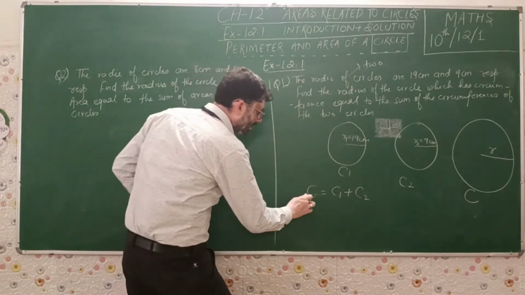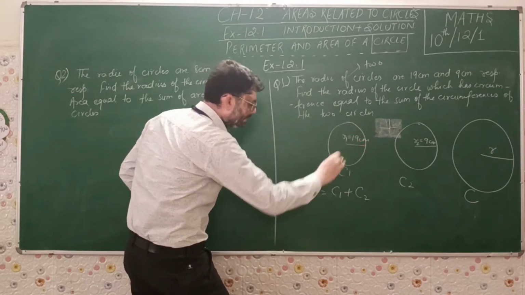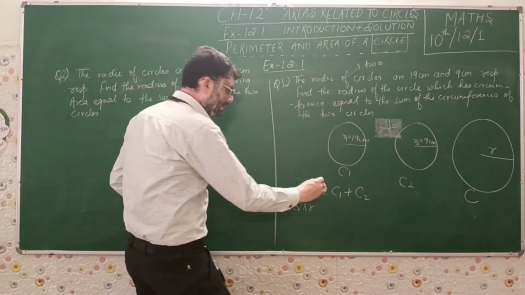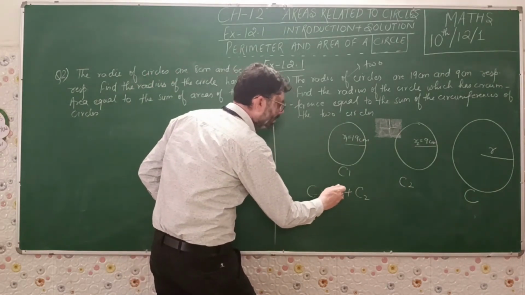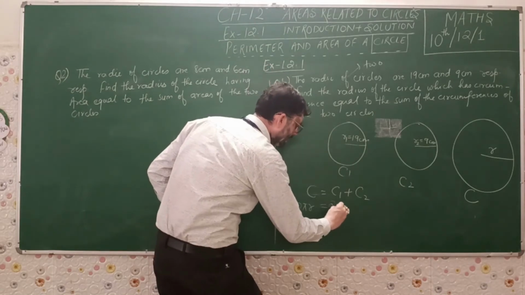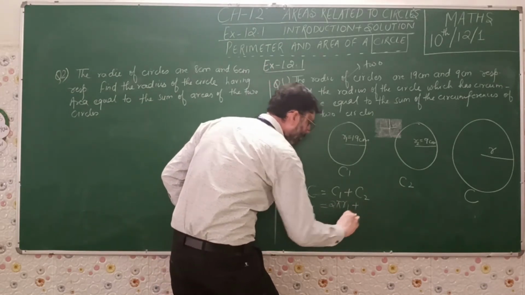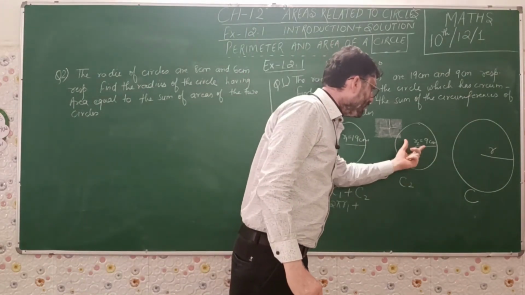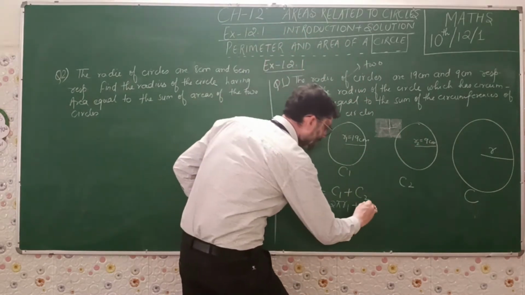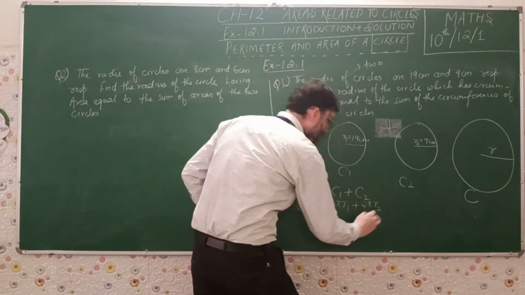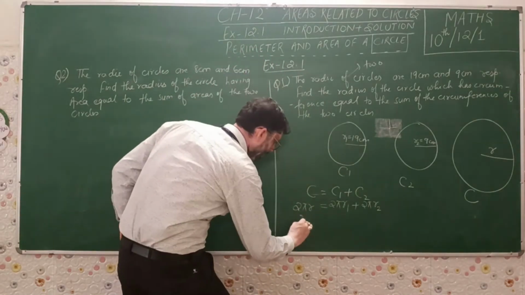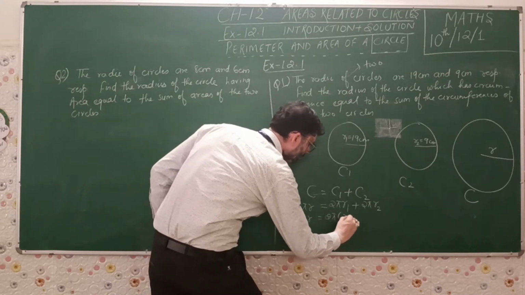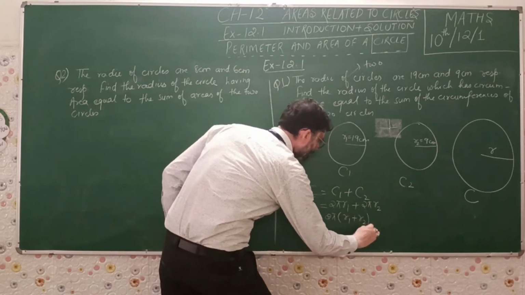So here, for C, the circumference of the circle with radius r is given by the formula 2 pi r. Then the circumference of the circle with radius r1, which we have written as 2 pi r1, plus the circumference of the circle, that is C2, of radius 9 cm, can be written as 2 pi r2. So this can be simplified as 2 pi r, and if you take out 2 pi common, this would be r1 plus r2.